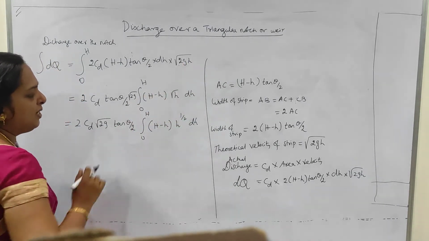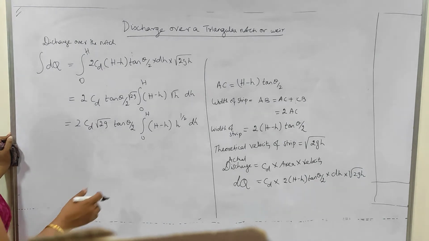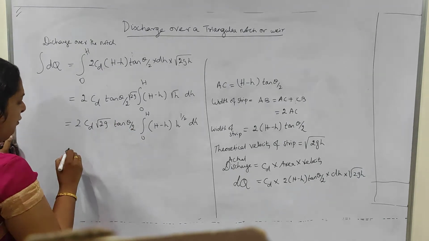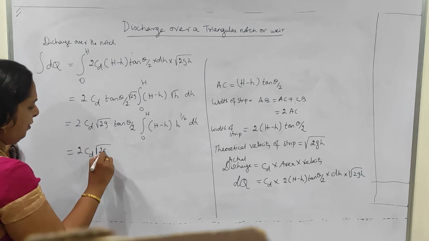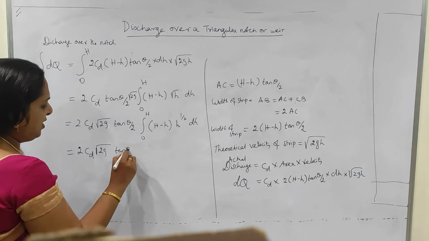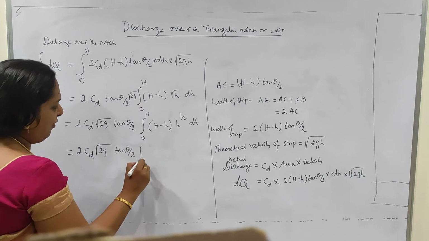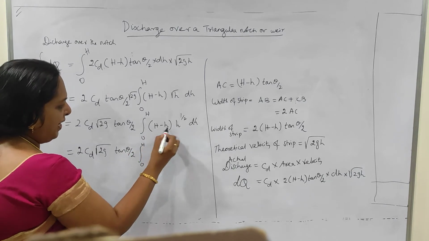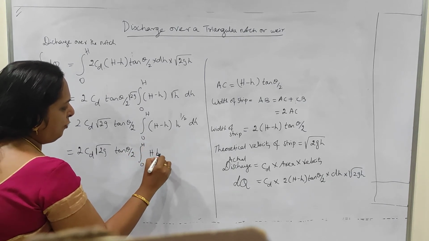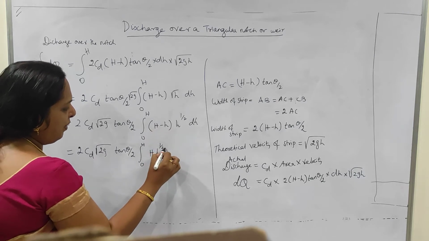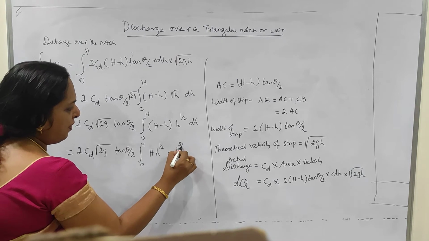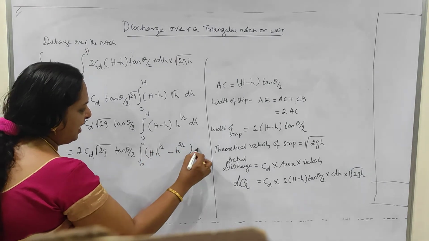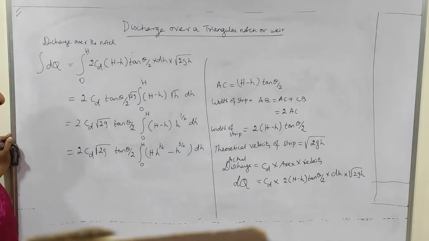I have not done the integration yet, I am only doing the rearrangement. So this will be the integral from 0 to H of H into small h to the power of 1 by 2 minus h into h, which is h to the power of 3 by 2, into dh. So now this is my equation.